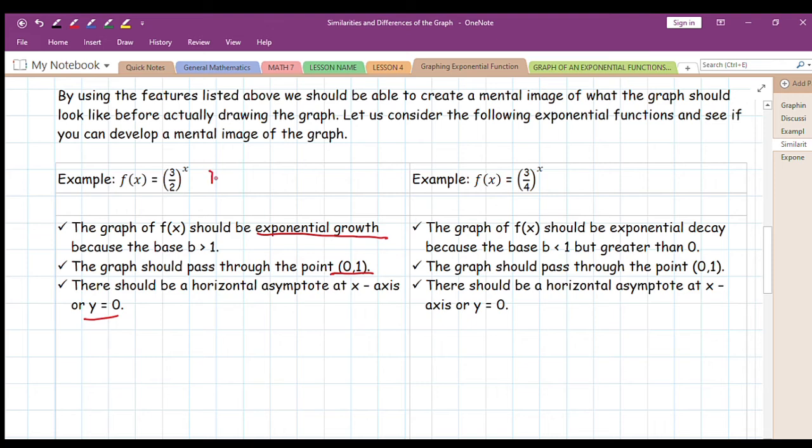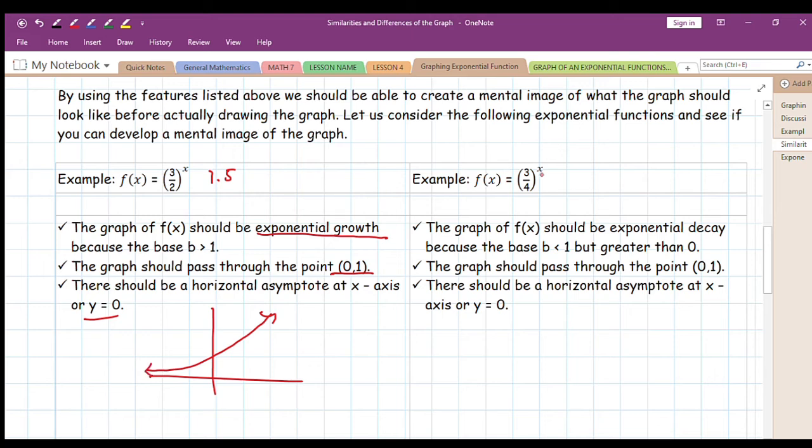So we have 3 over 2, which is equivalent to 1.5, and we all know that 1.5 is greater than 1. So the base is greater than 1, and we have exponential growth. The graph will rise, tending upward from left to right.